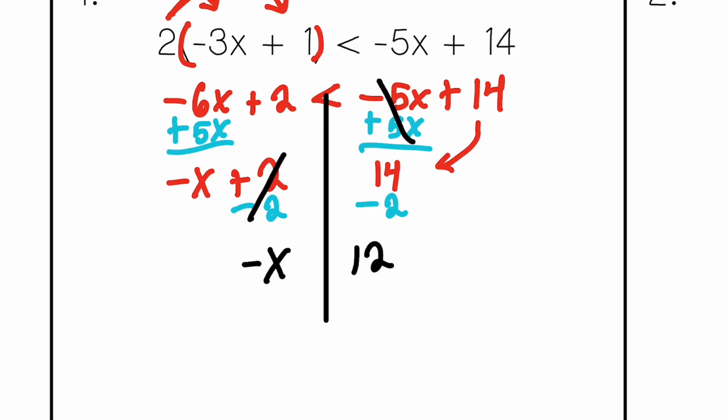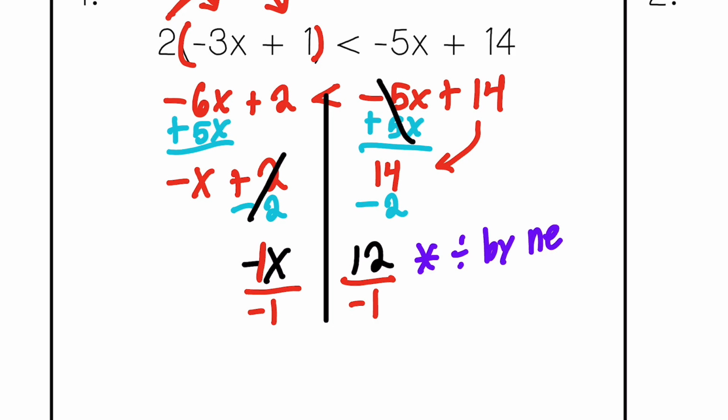Final step here. Technically, this is a negative 1x, and so what we're going to divide by this time is a negative 1. Again, guys, if we divide by a negative, something happens.